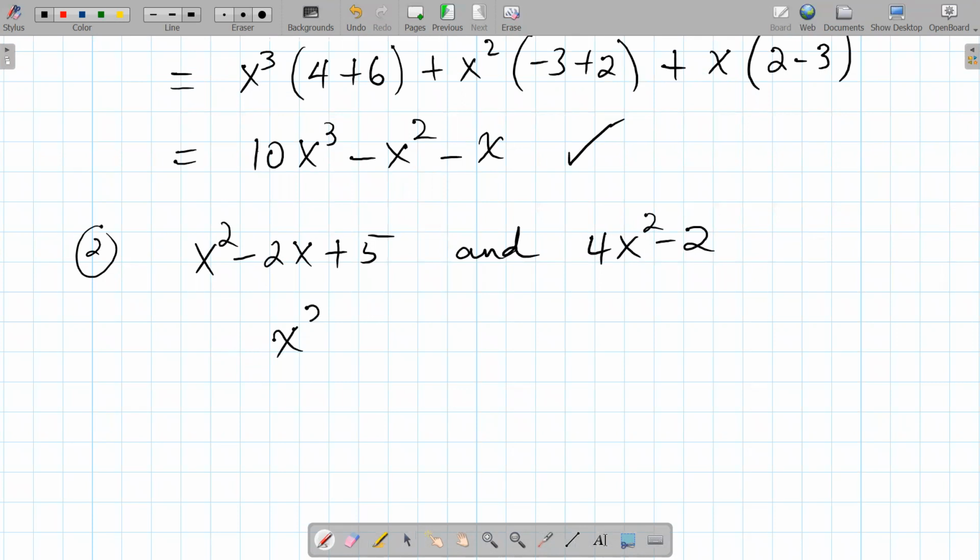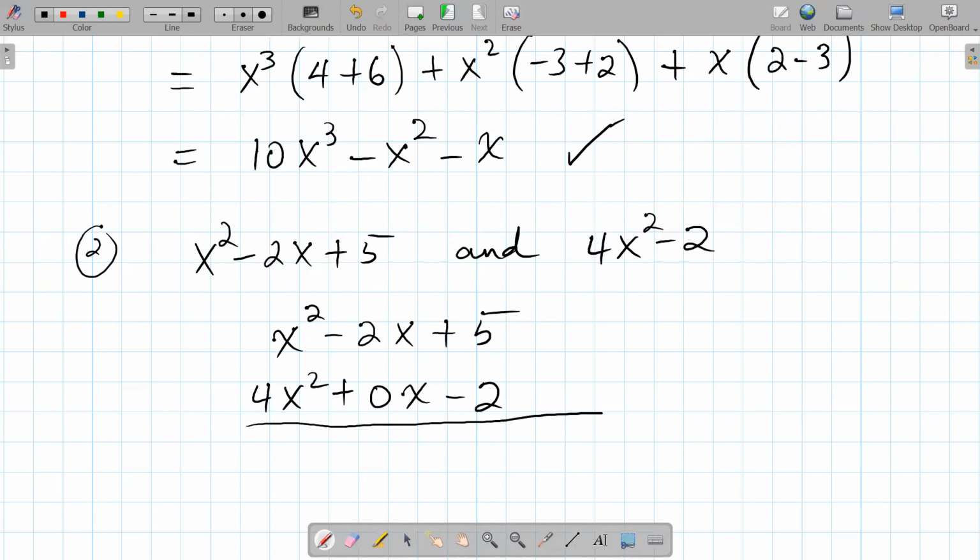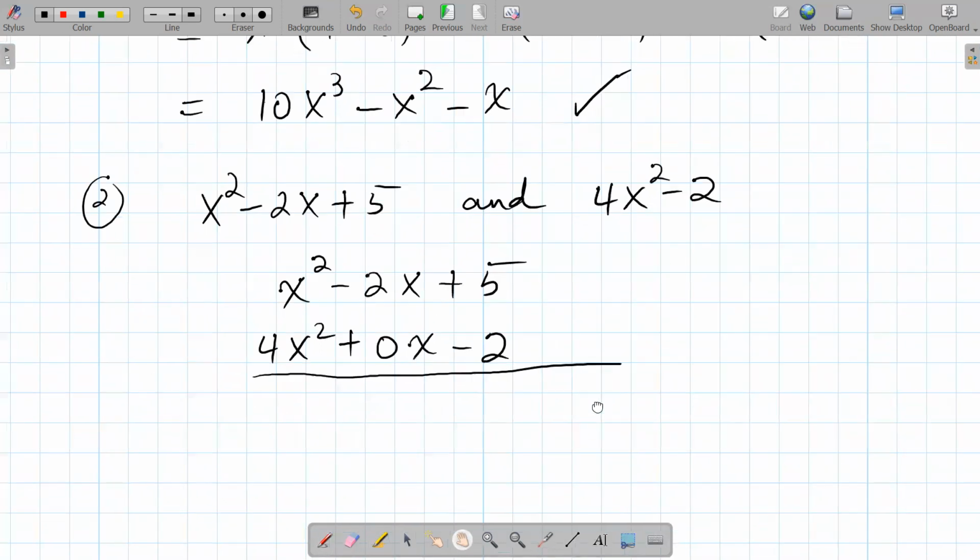So I have x squared minus 2x plus 5, and I just want to make sure that I collect terms. I don't have anything for x, so it's just 0x. And then I have plus 4x squared. So this is how it would look if I'm changing this to a vertical form.